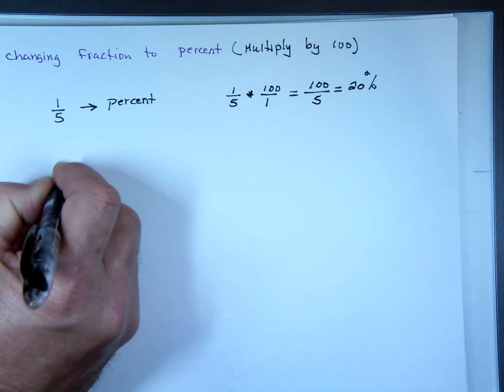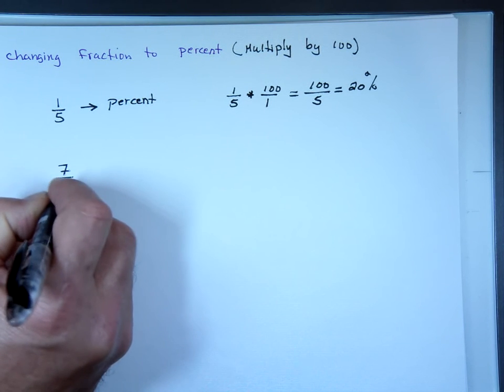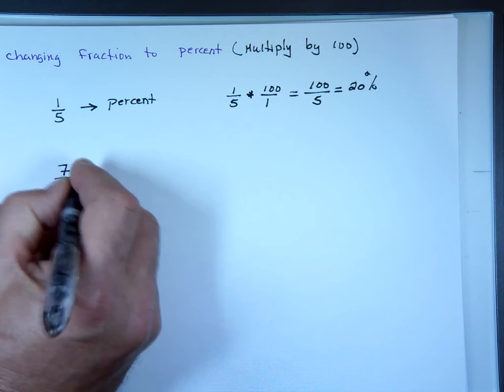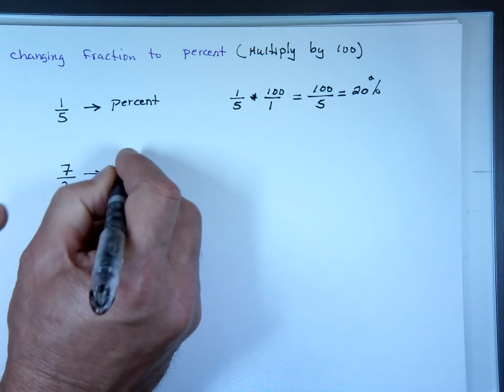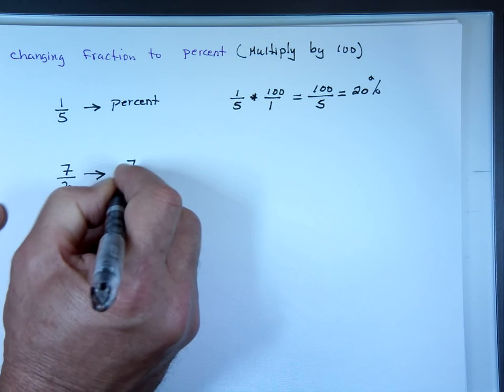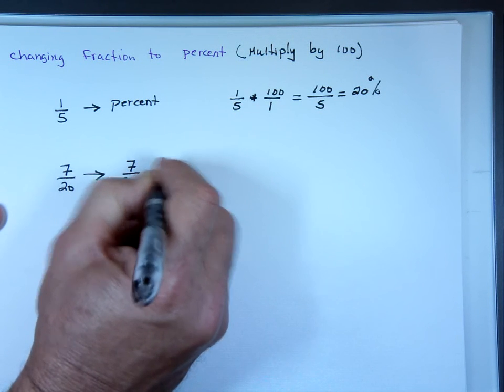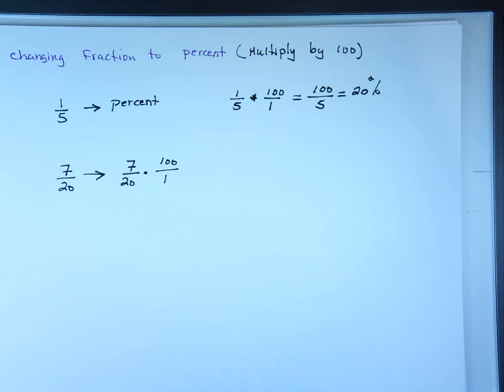What about 7/20ths? To change that to percent, what do we do? We multiply by 100. Again, there's two options when you're multiplying fractions. You can either multiply first, then simplify.